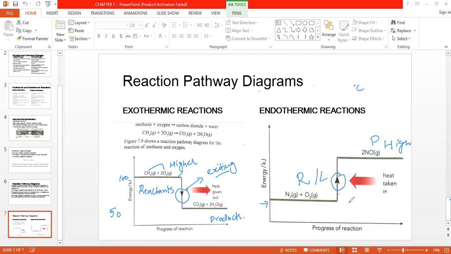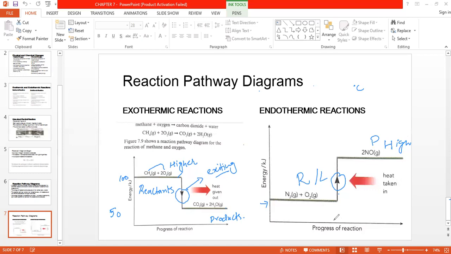So basically, the two pathway diagrams are opposite of each other, or we can say the reverse of each other. Endothermic and exothermic reactions show reversed reaction pathway diagrams. So with that, that's all for our changes and the exothermic and endothermic reaction part.